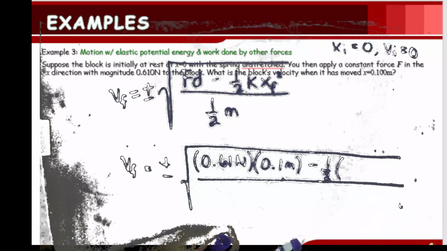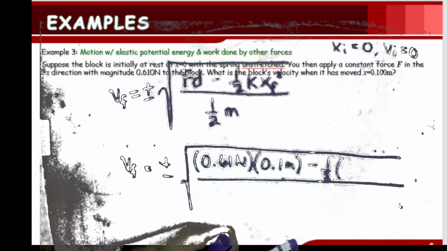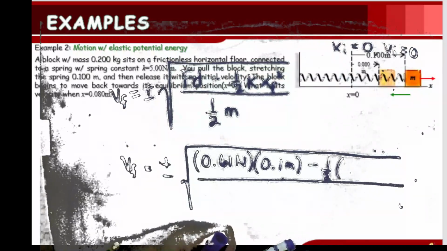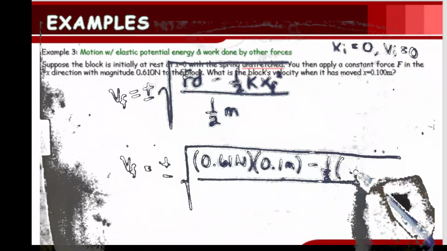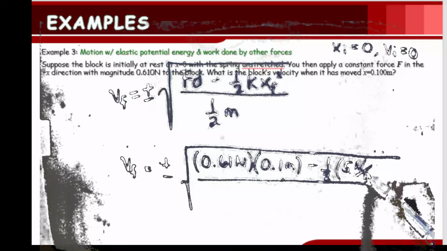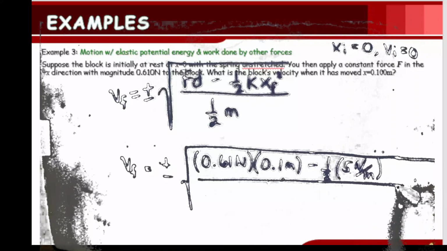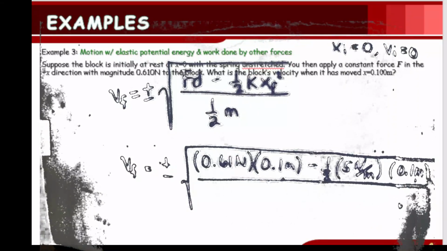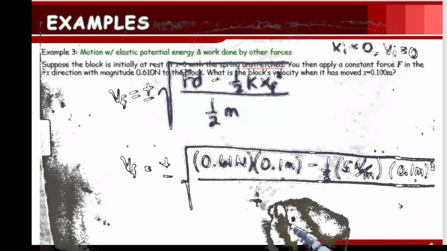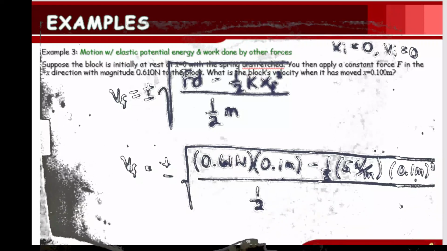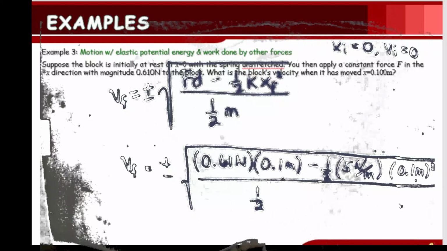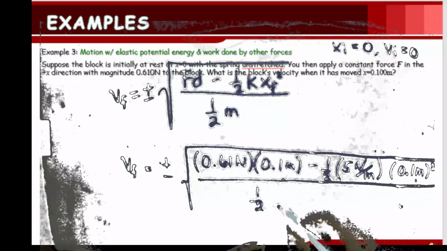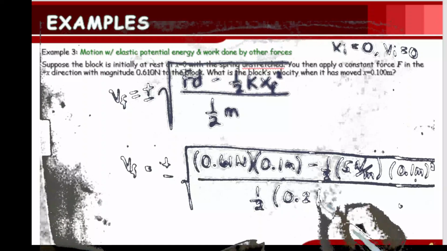You have the same k as in the previous example, where k is 5 Newton per meter. And then your final x is 0.1 meter squared, all over 1 half times the mass. Same mass as in the previous example, a block with mass 0.2 kilogram.